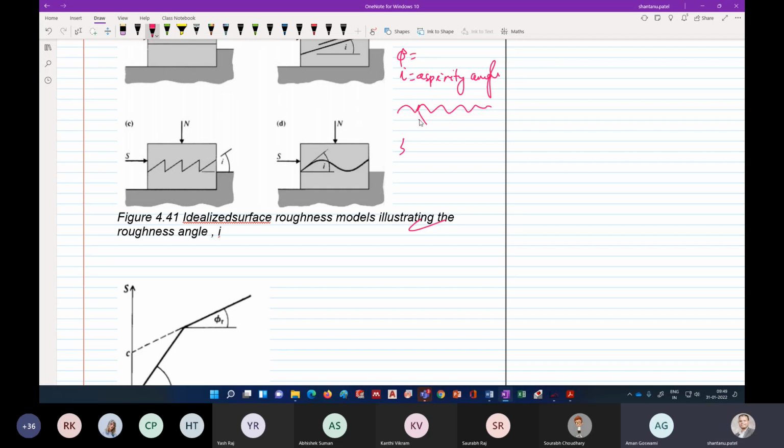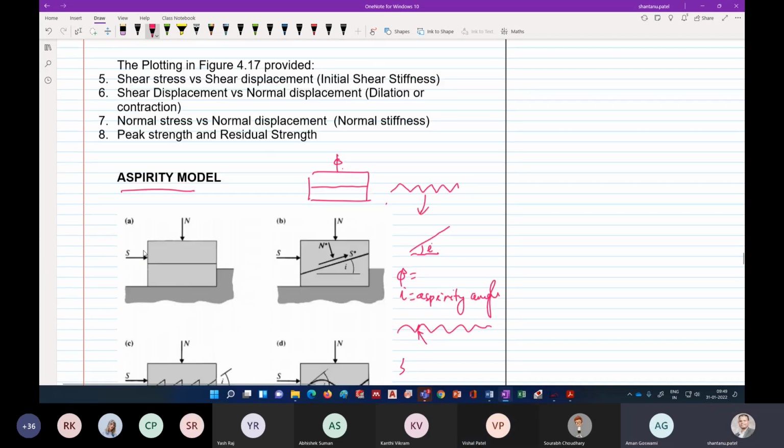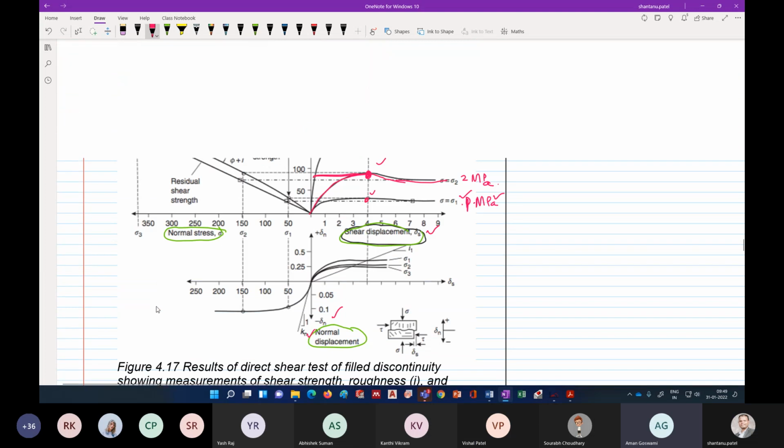Can you explain the graph once more, the above one? Okay. So this is the result of this shear test, right? When we apply this normal stress, and then we try to shear it with a shear stress value.